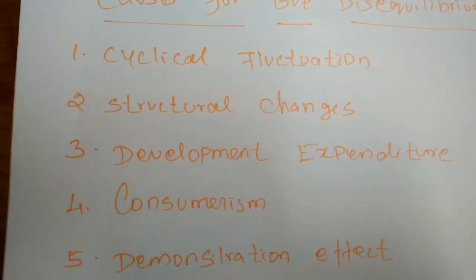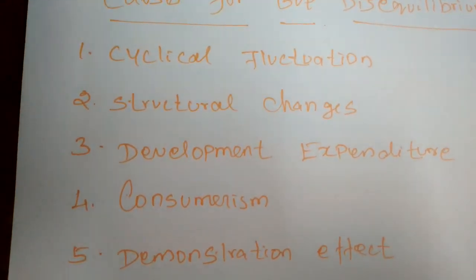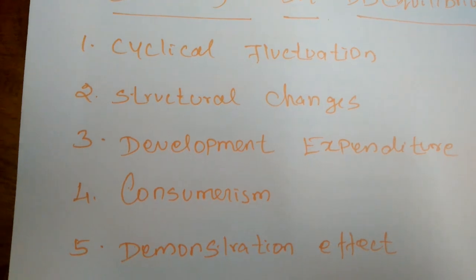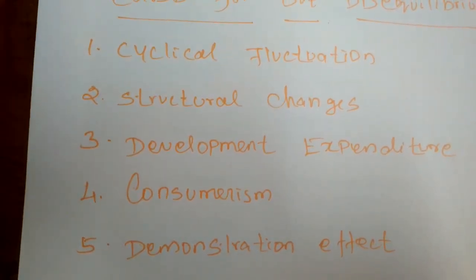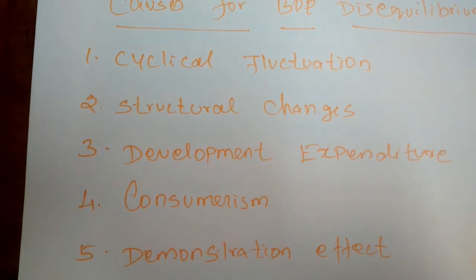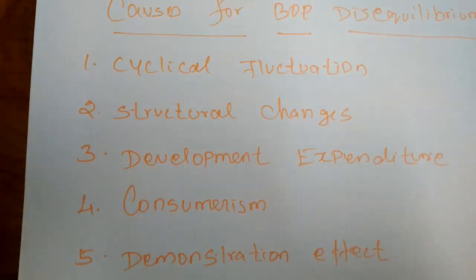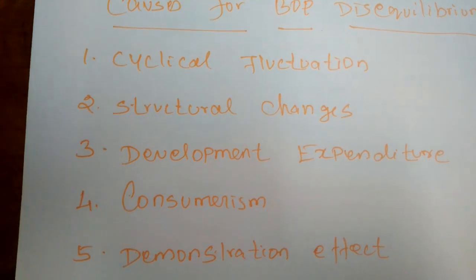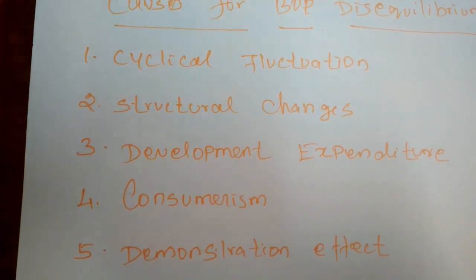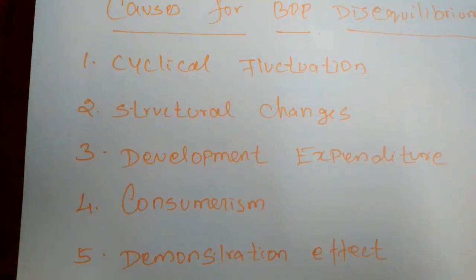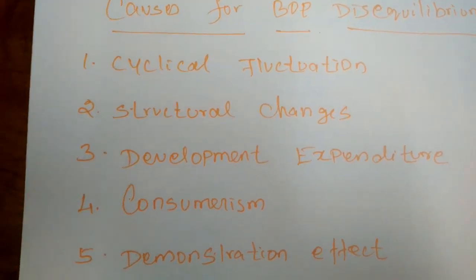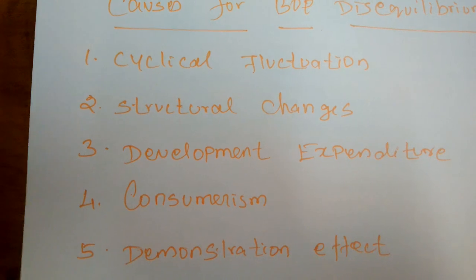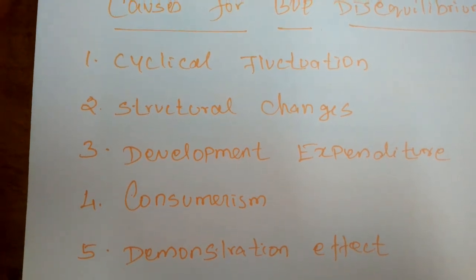Sometimes one nation will be in depression and another nation will be in a boom, but in the course of time it reverses. So all the nations involved in international trade may get a balance of payment disequilibrium. World trade shrinks during depression while trade flourishes during prosperity.